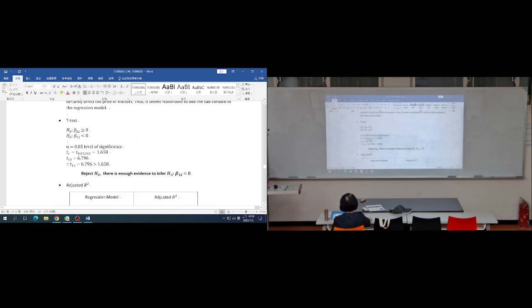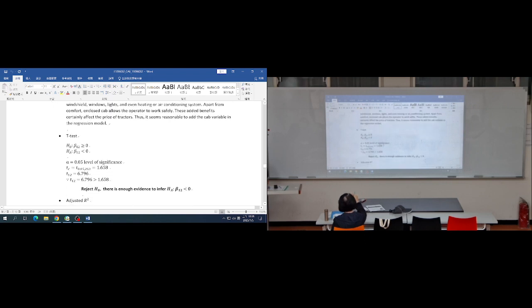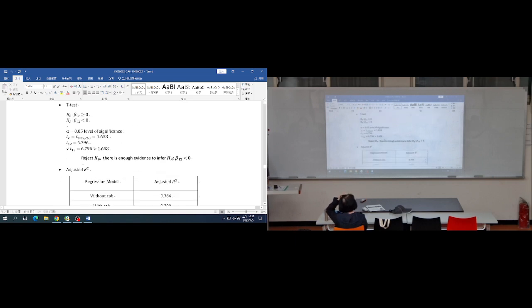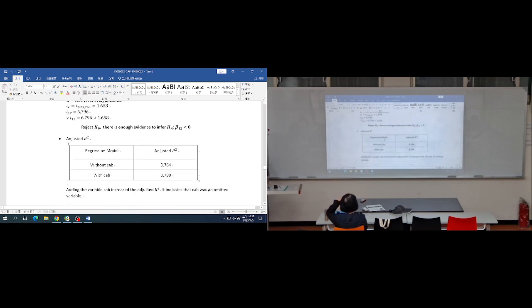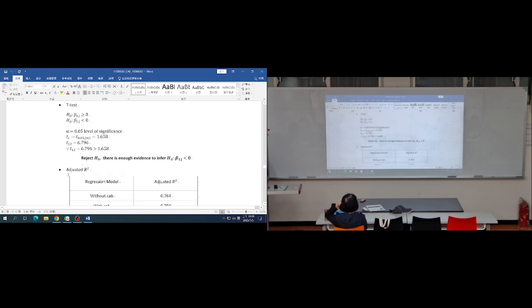That's why our expectation is it should be greater than 0. Yeah, it should be greater than 0, and you put less than 0. Yeah, I'm sorry for that. But we reject it as there is not enough evidence to infer. Okay, all right. Sorry for that. I just copied it from the above.